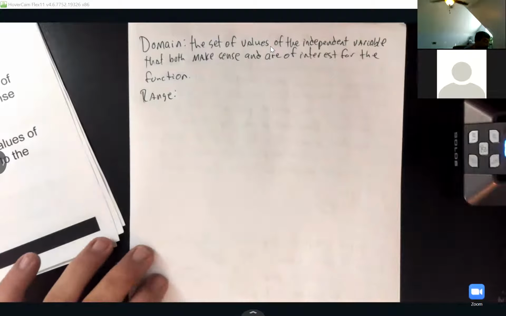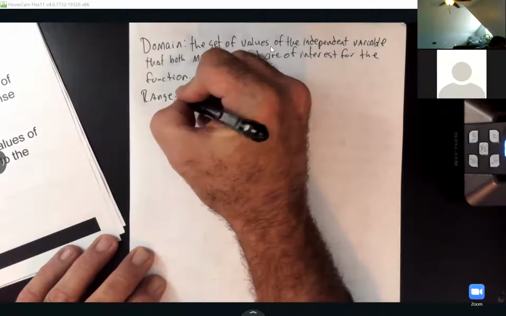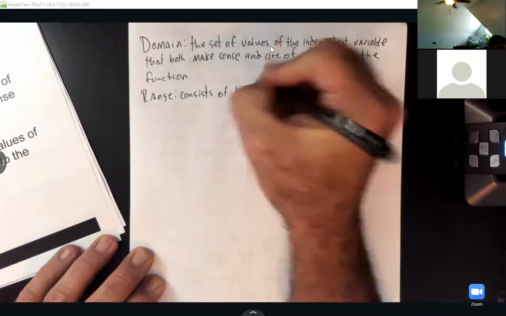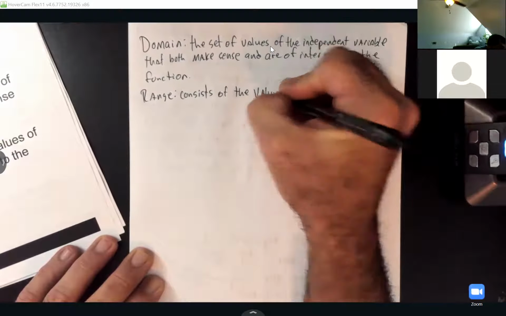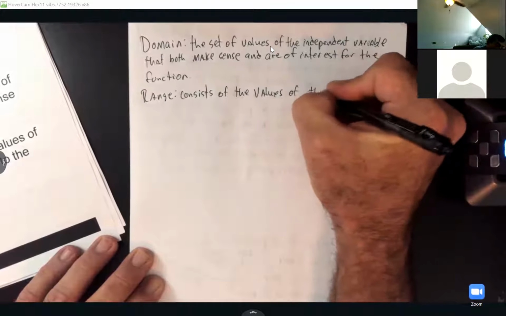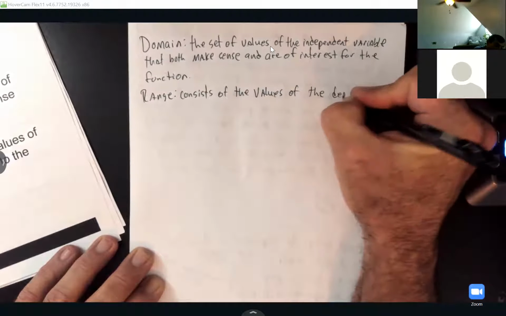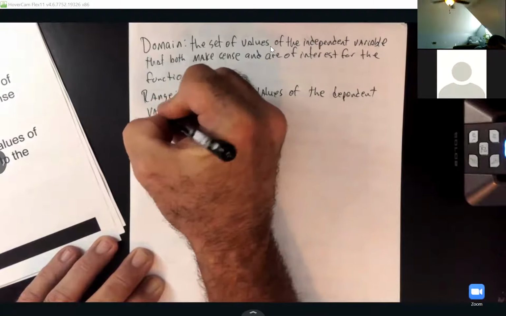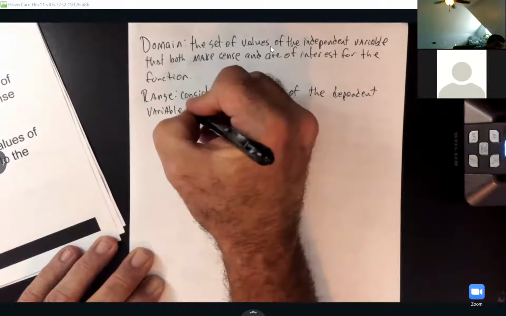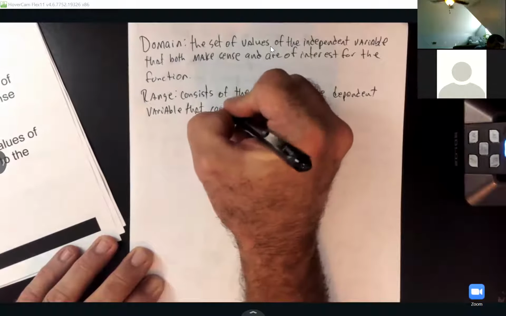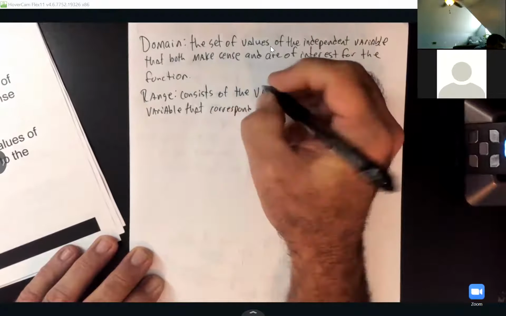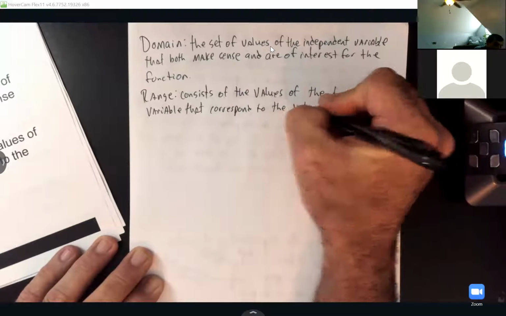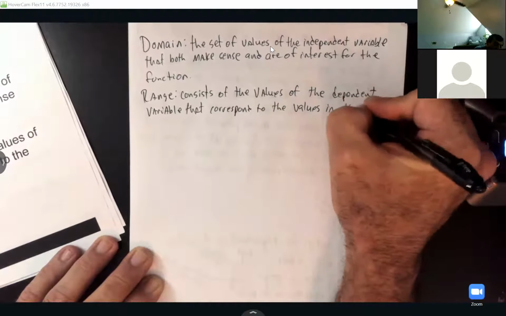So the range is similar. It consists of the values of the dependent variable that correspond to the values in the domain.